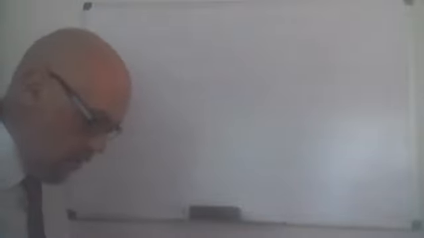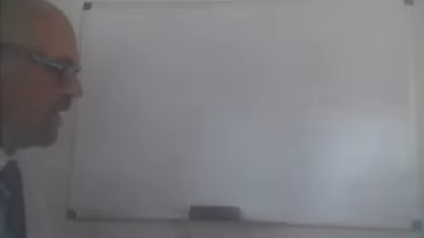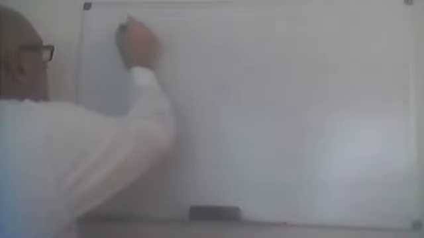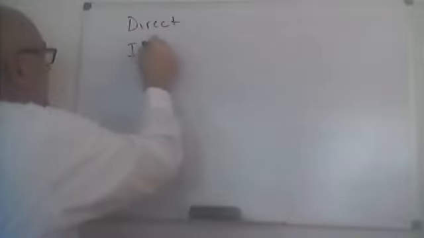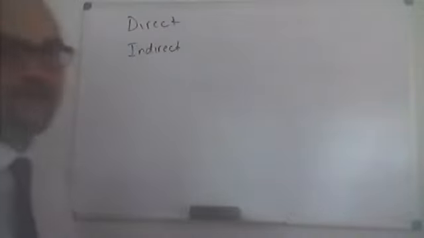Okay, so once we have identified all of our events and what we have here, we are going to start recording. We're going to start with the operating section. Okay. There are two methods in order to create or record our statement of cash flows.